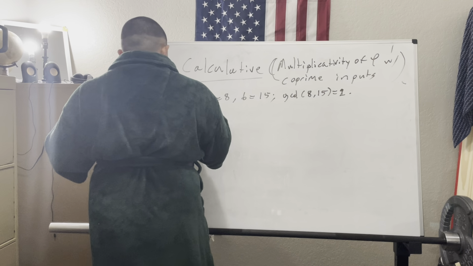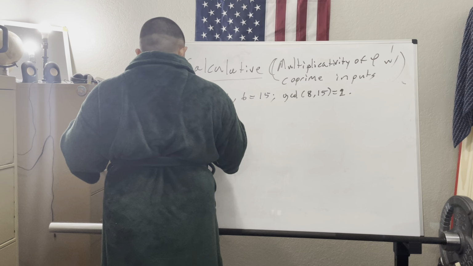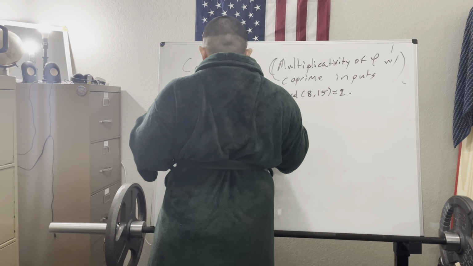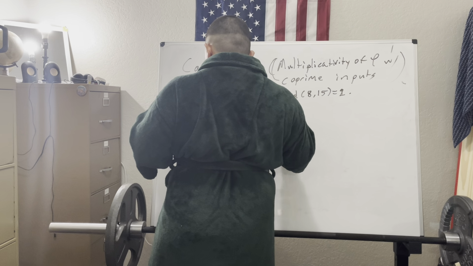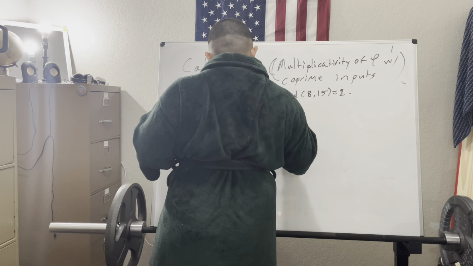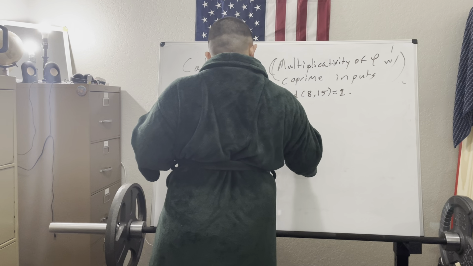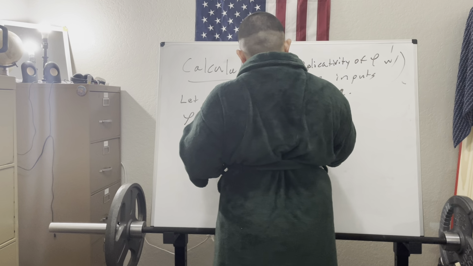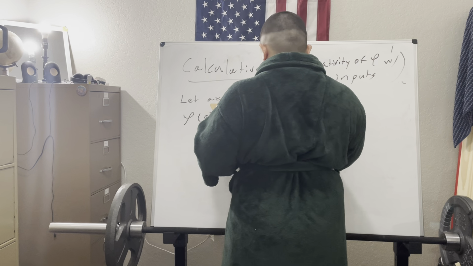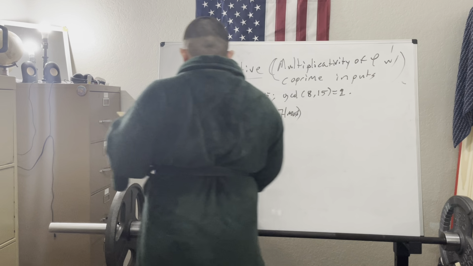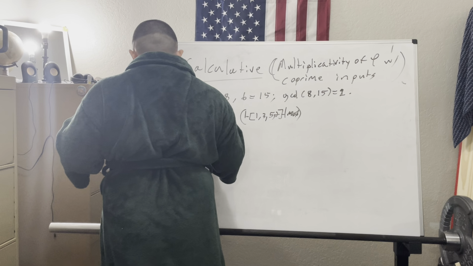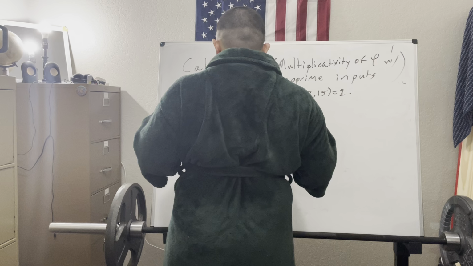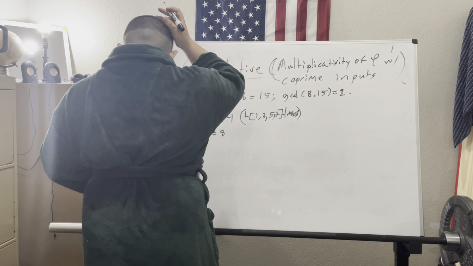Now, the totient of 8 is equal to 4. Evidently, we can see these as 1, 3, 5, 7. And for 15 it equals 8, in which we just exclude multiples of 3 or 5.